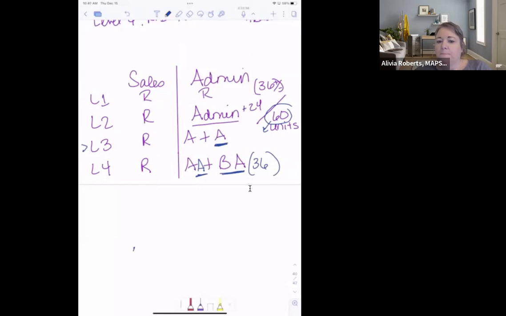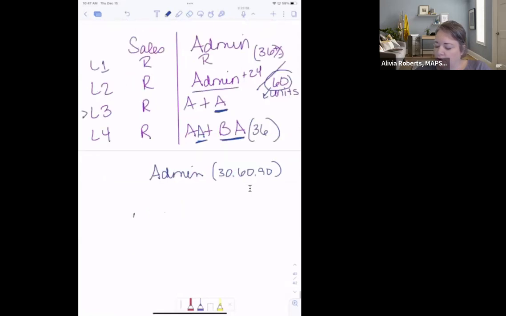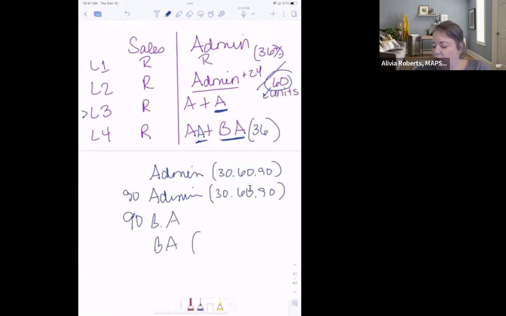Now, technically, you could build this in 270 days, because every 90 days, let's say you hire your admin, and while they're on their 30, 60, 90, you're searching for your second admin, and then while they're on their 30, 60, 90, we're looking for a buyer's agent, and then we're hiring the buyer's agent and they're on their 30, 60, 90.